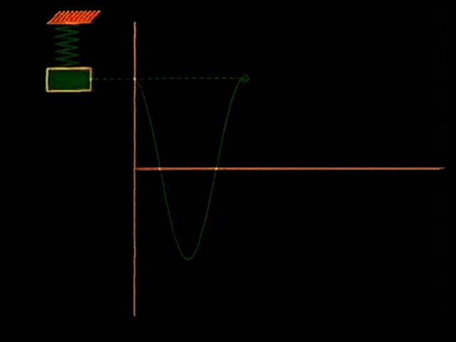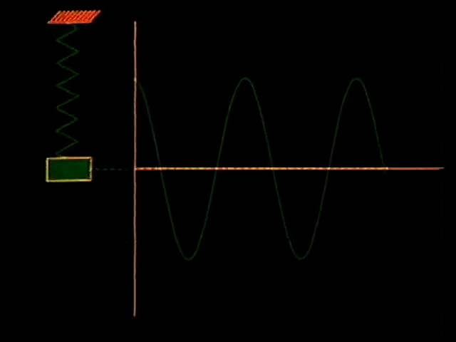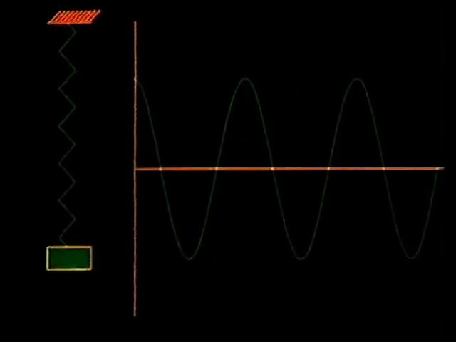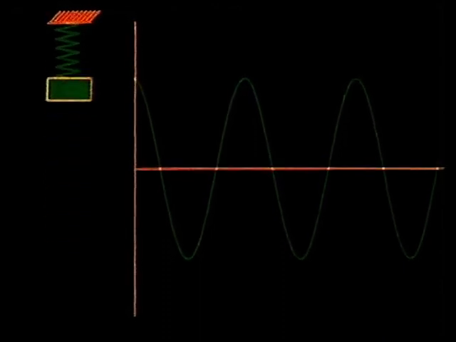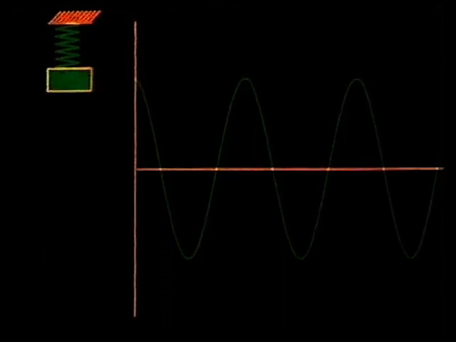So now let's look at the theoretical behavior of damped systems. We started with an undamped system. Taking damping into account in our model, the effect is to cause the amplitude of oscillation to die away.